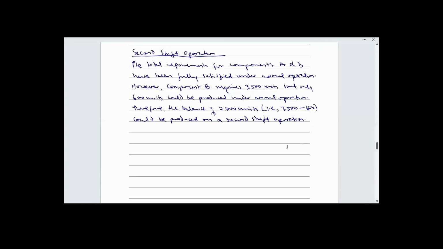Under this circumstance, now that we have identified that component B can be produced on a second shift operation, the most important thing we need to do is to determine the relevant cost of producing the 2,900 units internally and the supplier's quotation. Whichever one is lower is the one we are going to choose.